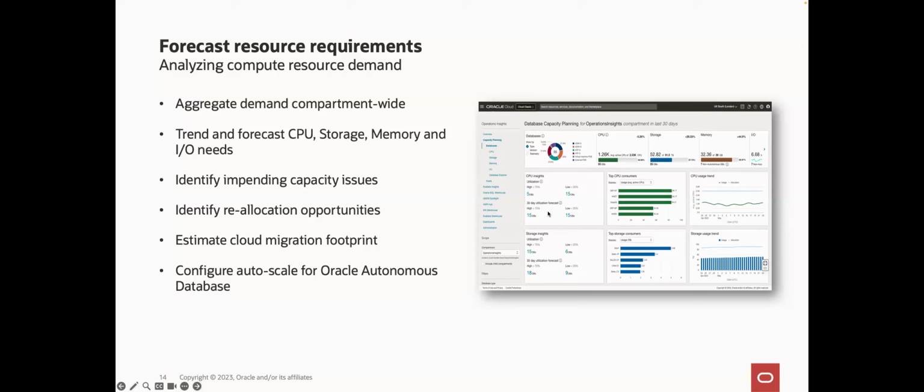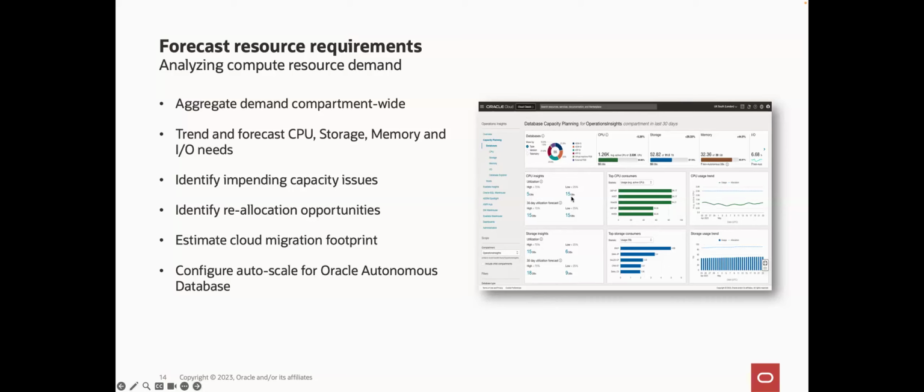Down below, you have CPU insights, and you have storage insights, memory, and I/O. The other two are not shown over here due to the limitation of the screen, but I can show that in the demo. What you see over here is, from a utilization perspective, over the last 30 days, what are some of your outliers for CPU? It shows you have 5 databases which are highly utilized.